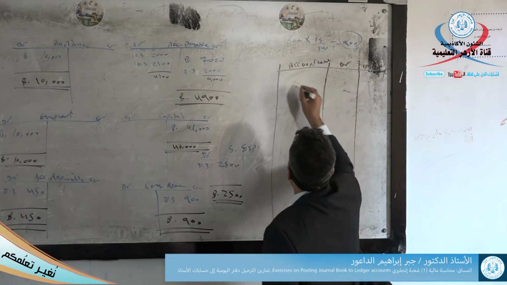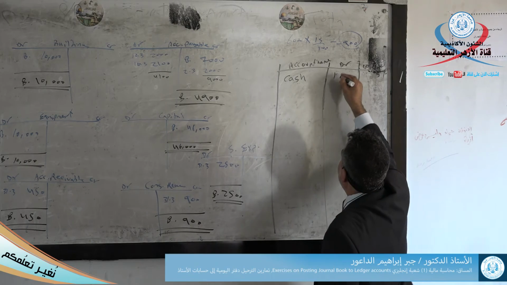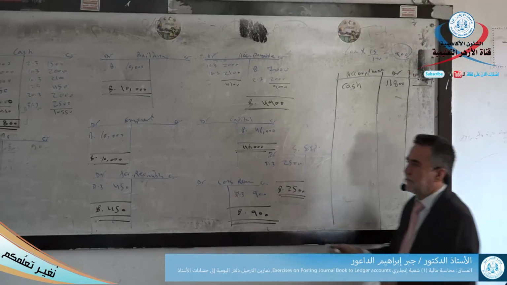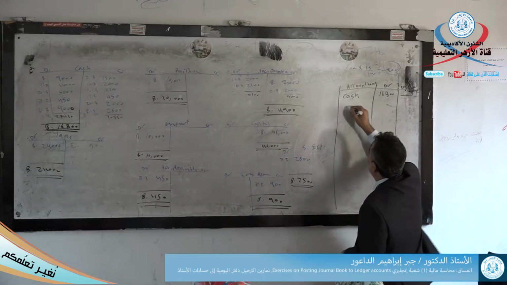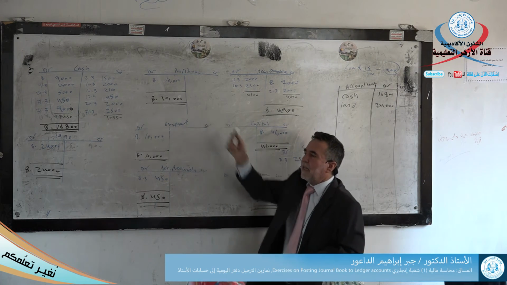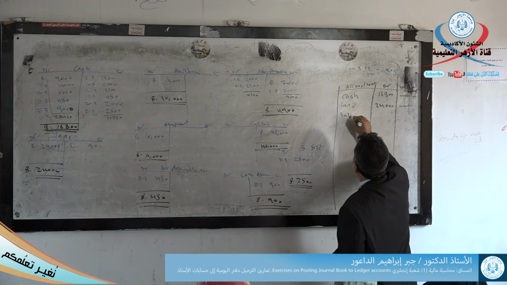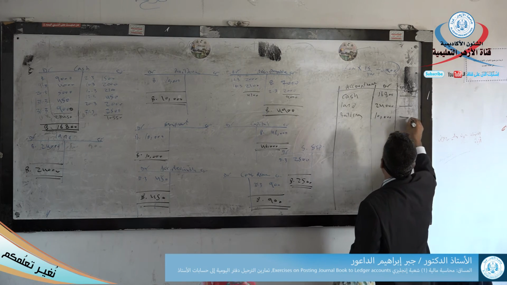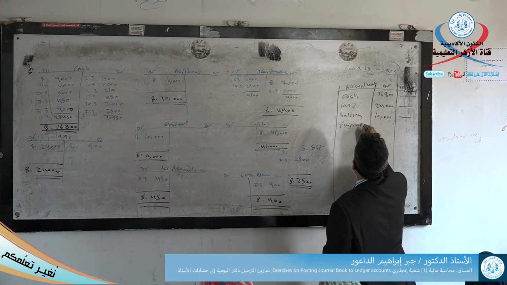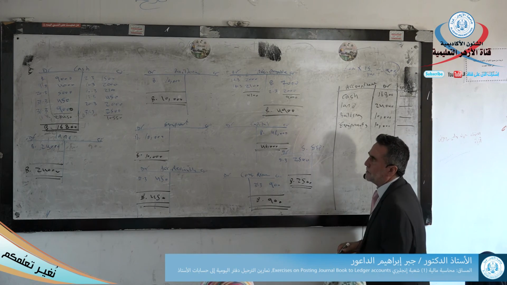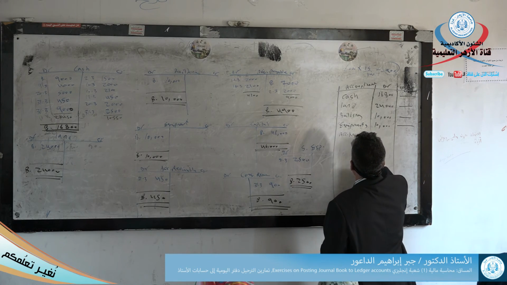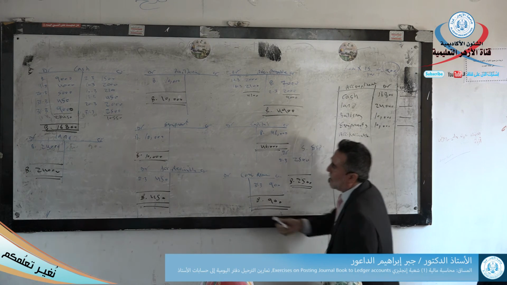Cash, 16,800, debit side. Land, 24,000. Building, 10,000. Equipments. Account receivable.